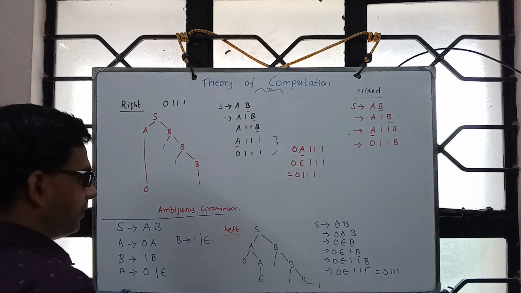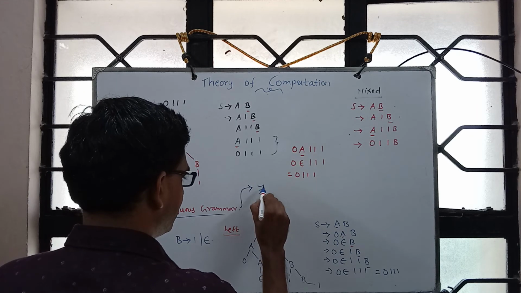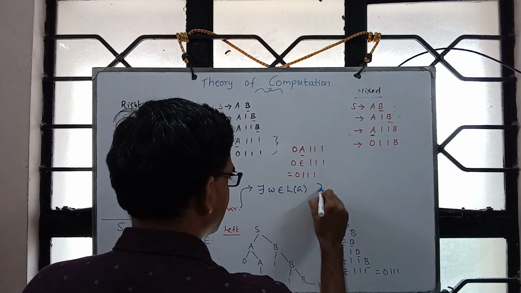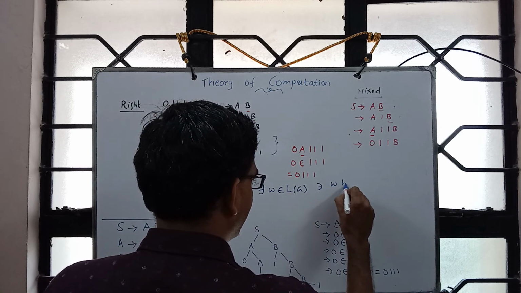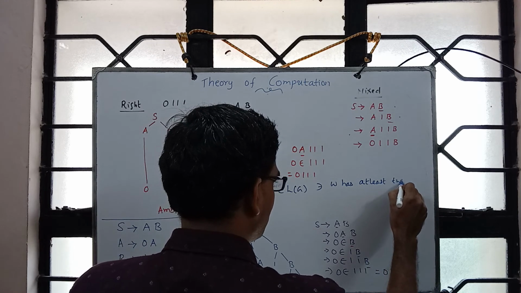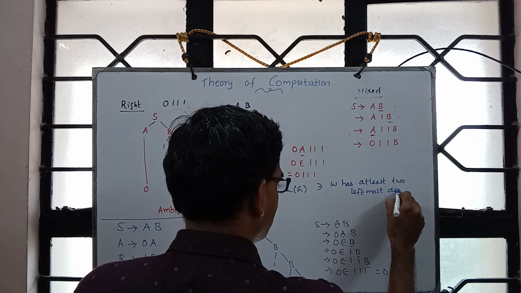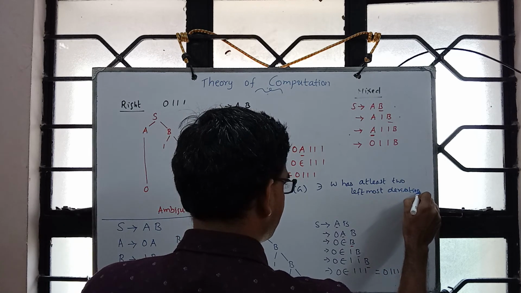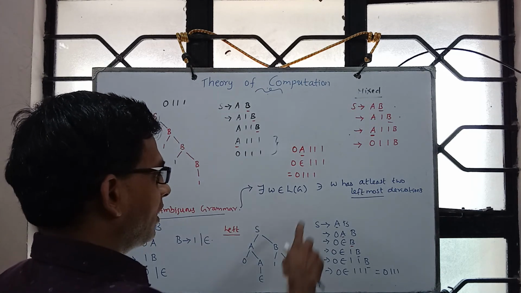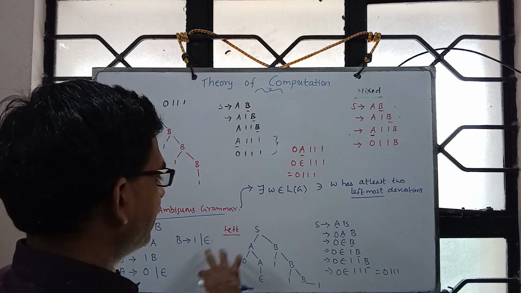So when we say a grammar is ambiguous, which means there exists a string W belonging to L of G such that W has at least two leftmost derivations. Okay, so one should not say W has one leftmost and one rightmost, therefore the grammar is ambiguous.